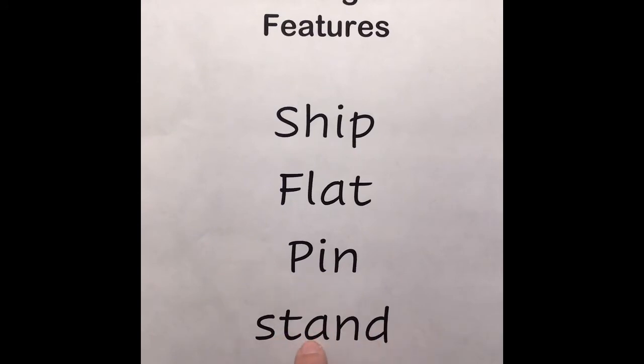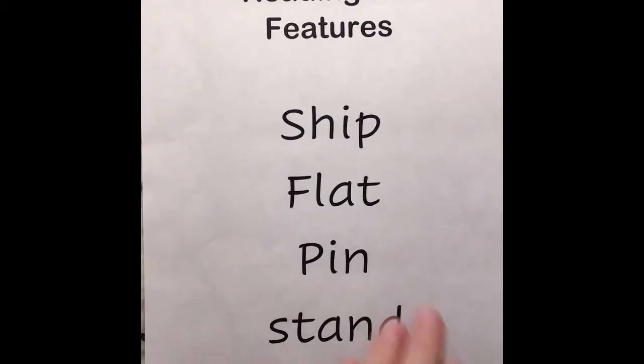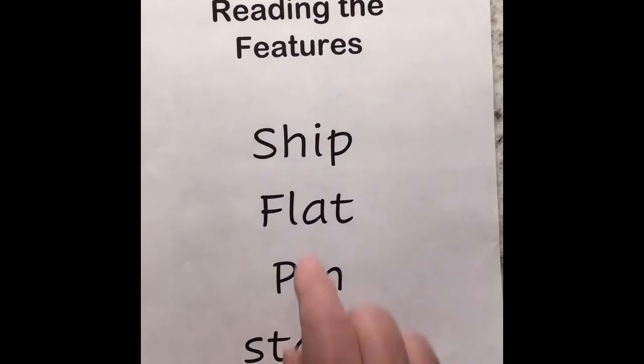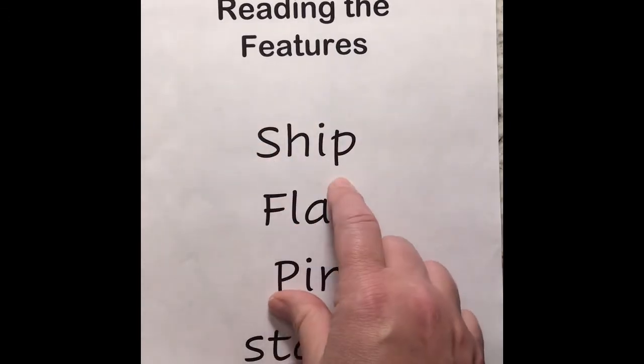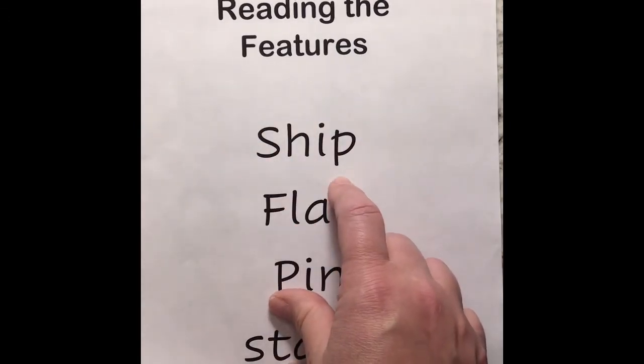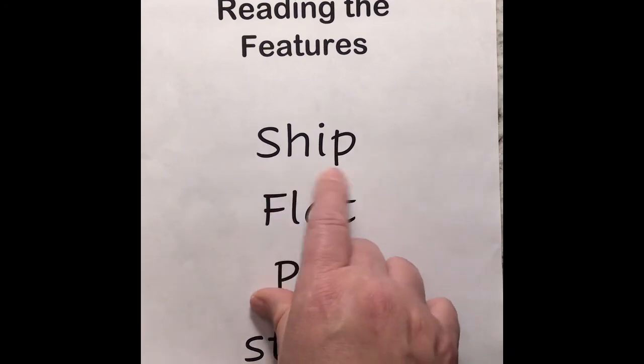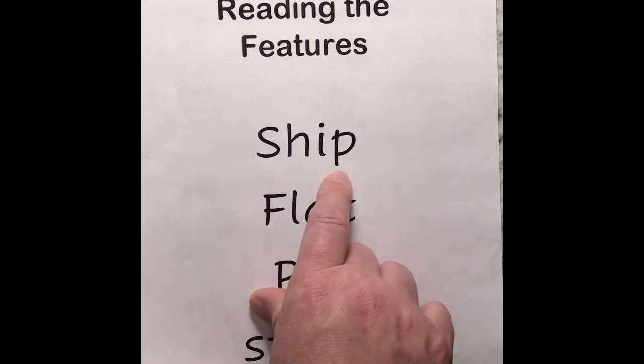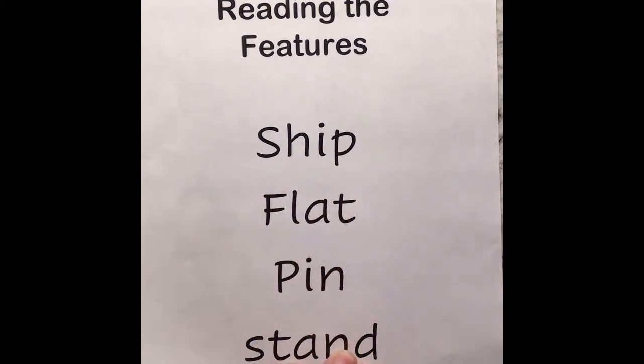Blend, short vowel, blend. Very good. All right. So this is particularly helpful when you are going to make your pattern sorts. You'll be able to look at words and read the features to make sure that they're all within a particular stage.